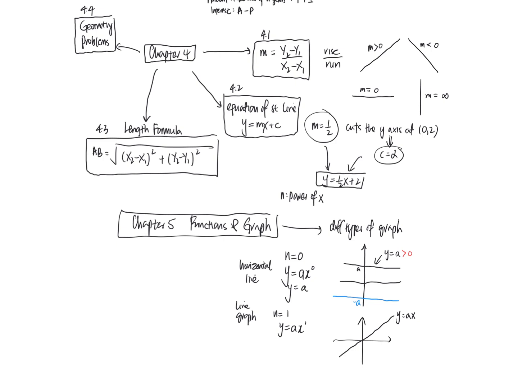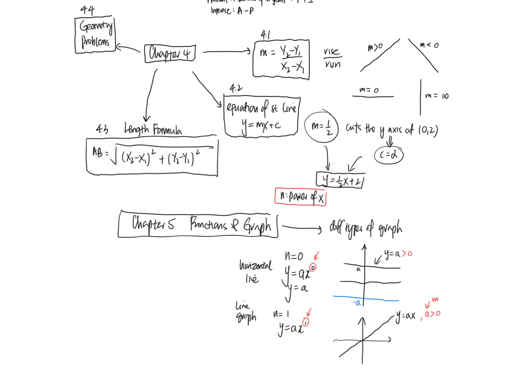Also same thing, when your gradient is positive, this one is gradient. N is the power of x. So if a is a positive number, then it's this line. If a is a negative number, it's the line below.